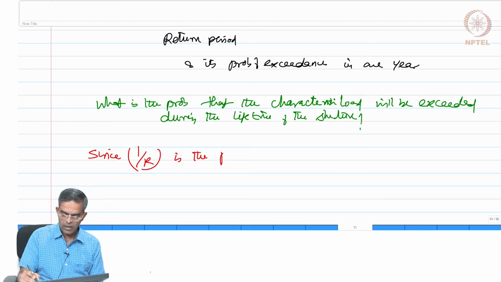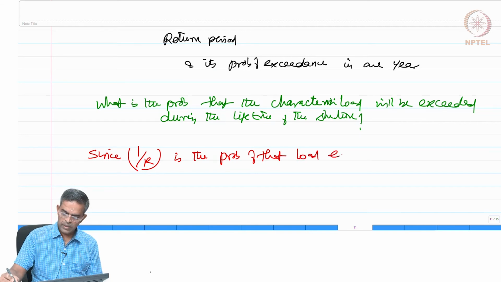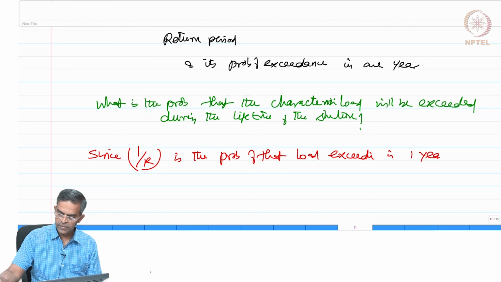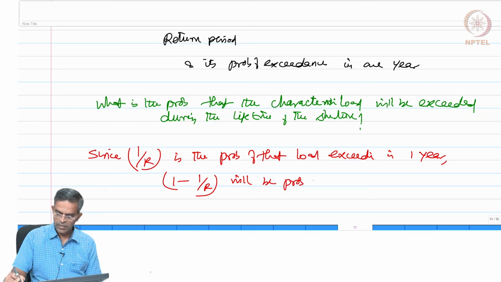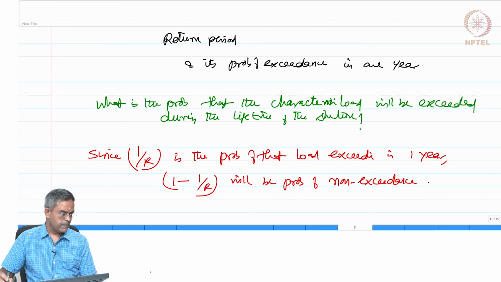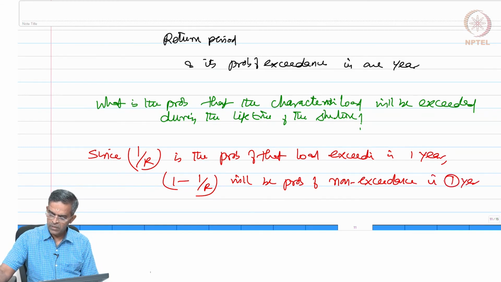So, now since 1 by R is the probability of that load exceeding in 1 year, 1 minus 1 by R will be the probability of non-exceedance in 1 year, is it not?